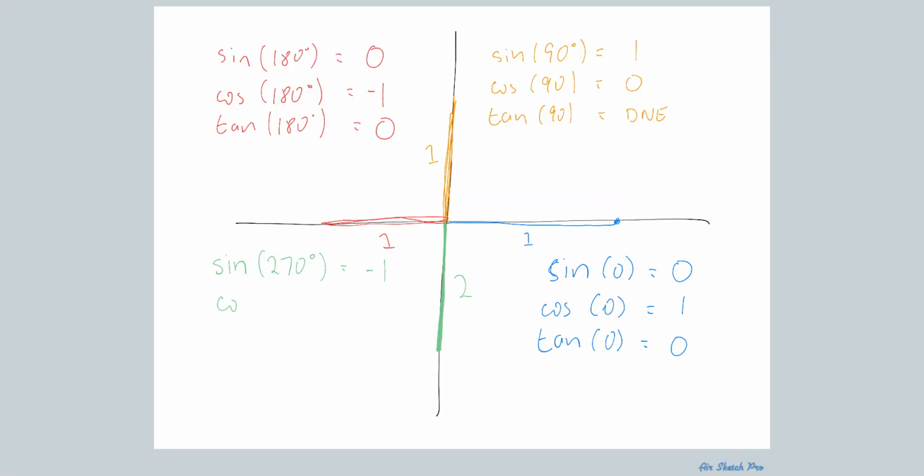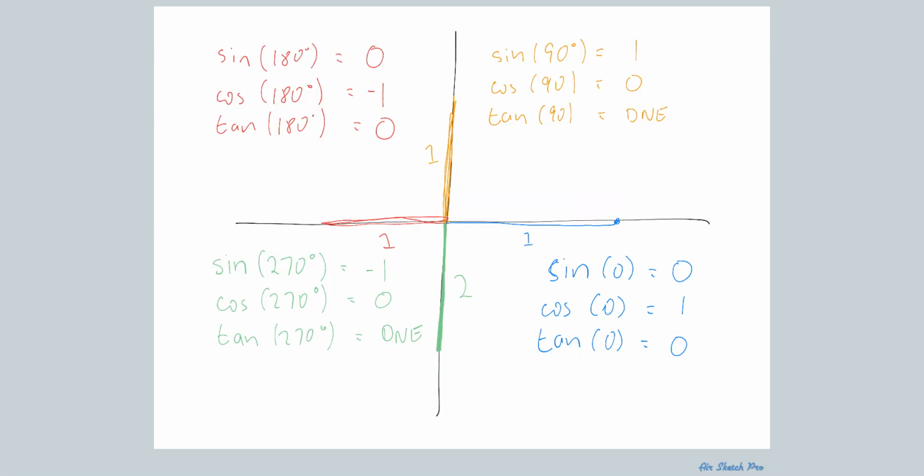What's the cosine of 270? Zippity. And what's the tan of 270? DNE. It's 0, but does not exist. Same reason. Okay? That's your basic four there.